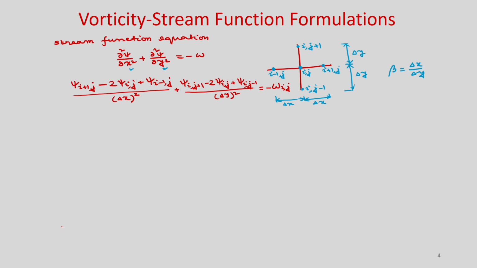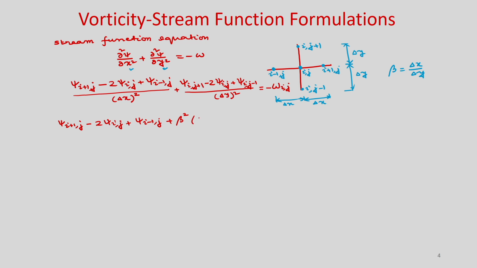Okay. So, this is the discretized equation. Now, you just write psi(i+1,j) minus twice psi(i,j) plus psi(i-1,j), and we have defined beta equal to delta x by delta y.